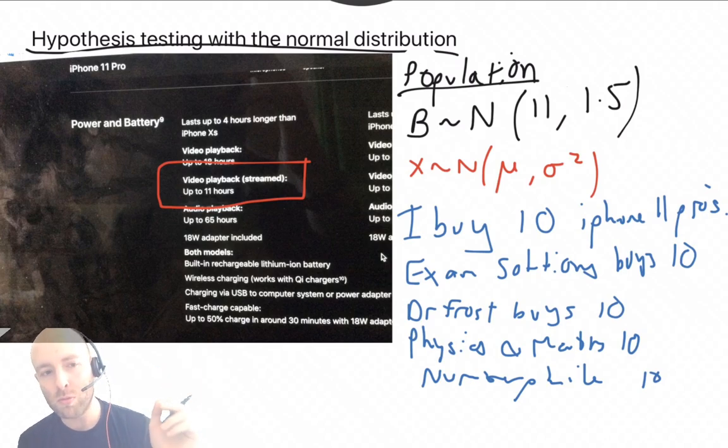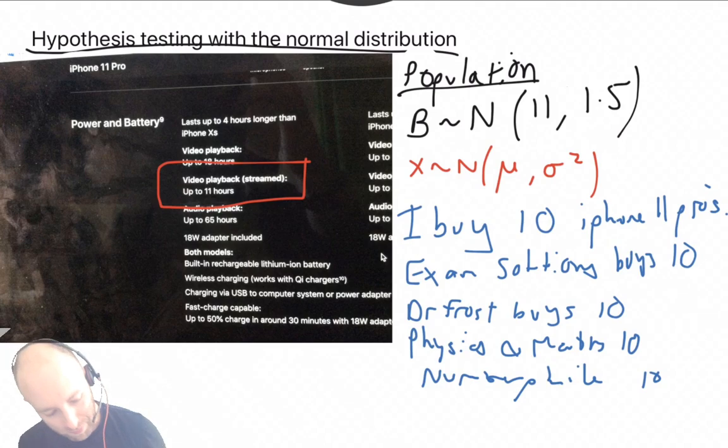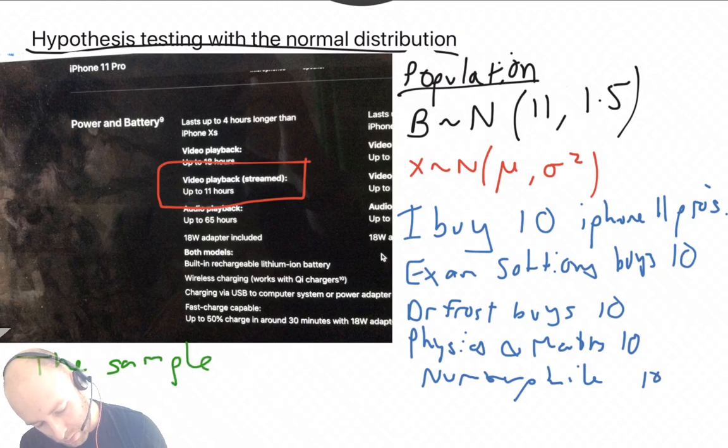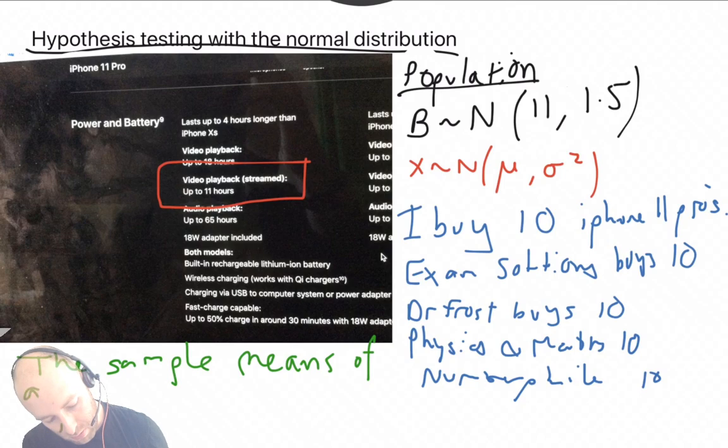So the sample means of a population are normally distributed.